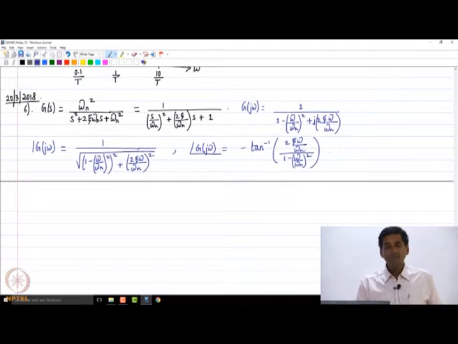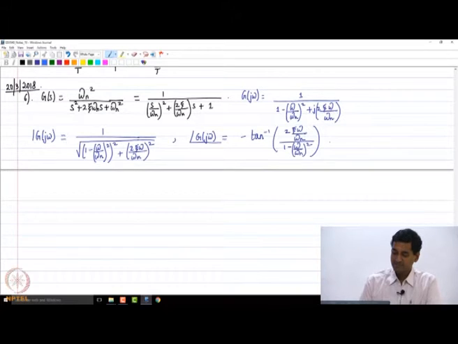Now let us look at the magnitude. We will follow the same process as we did in the previous class with the first order factor. Let us look at the magnitude of this factor and try to figure out what the asymptotes are.